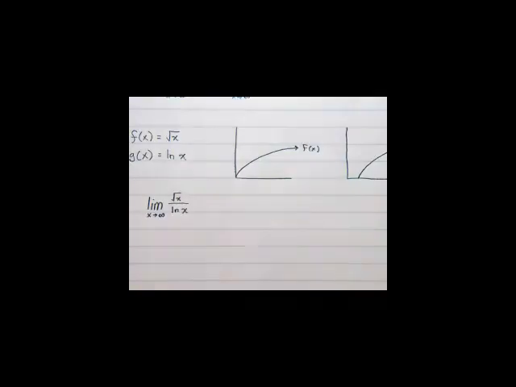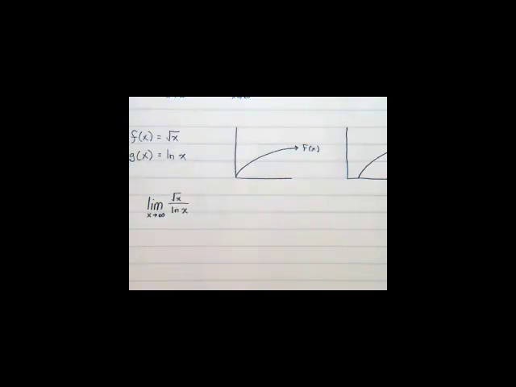So right now, can I evaluate this thing? Or is it one of those indeterminate forms again? What's the square root of infinity? Infinity, right? Look at the graph, because this thing continues to increase, that's infinity.